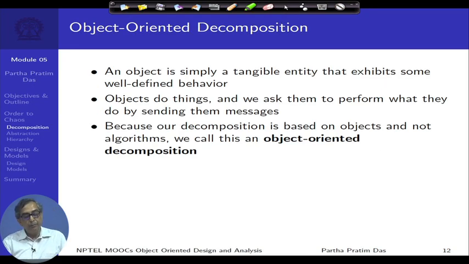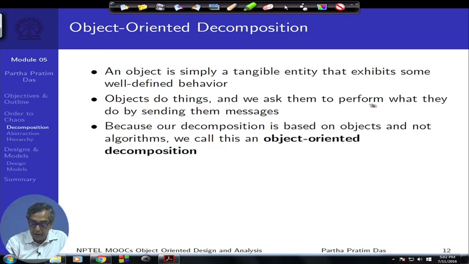So, an object is simply a tangible entity that exhibits some well defined behavior, tangible in the sense that in the real world it has some proper existence, and it can do things that we ask them to perform, and they do this by, this is interesting, sending them messages.